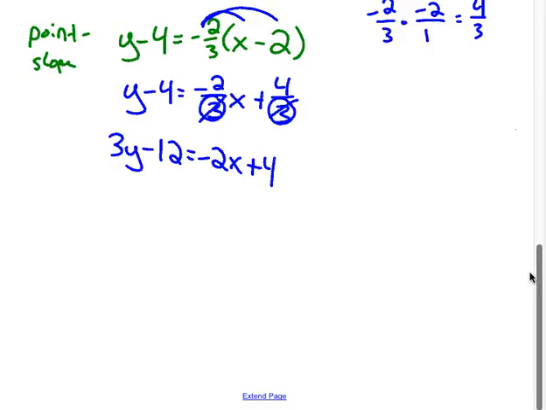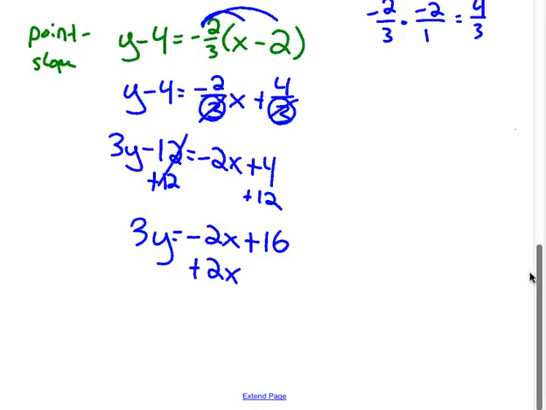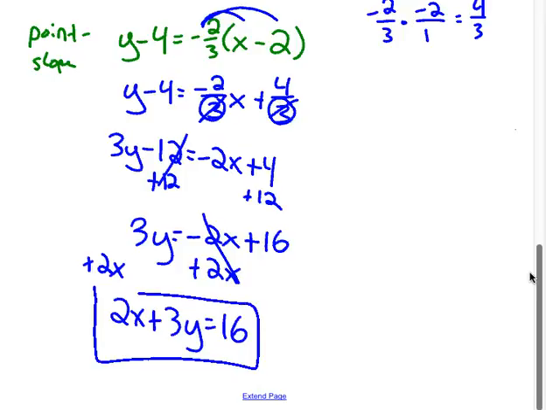So now I can add this 12 over, and now to get x and y together, I can add the 2x over, and get that as my standard form.